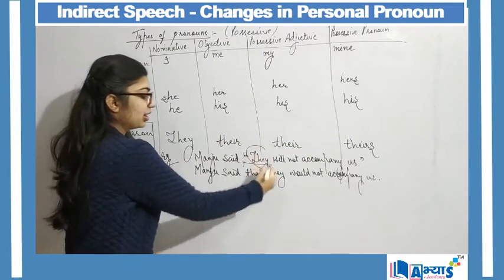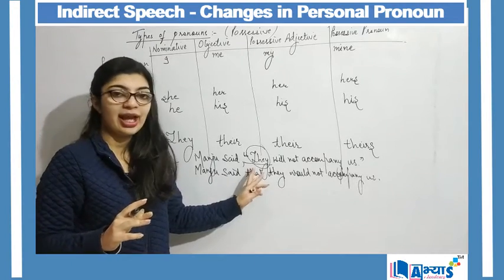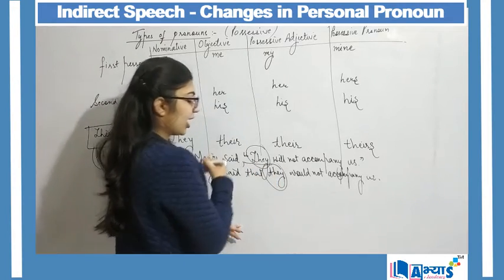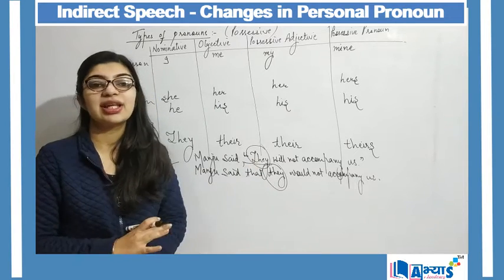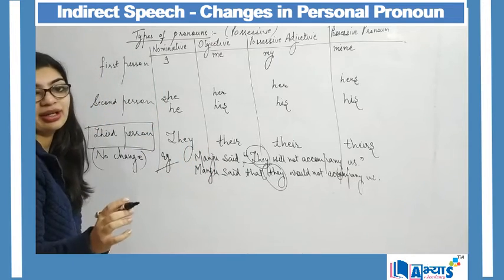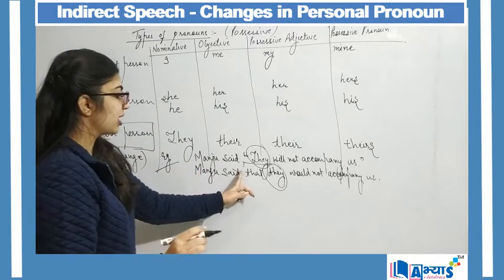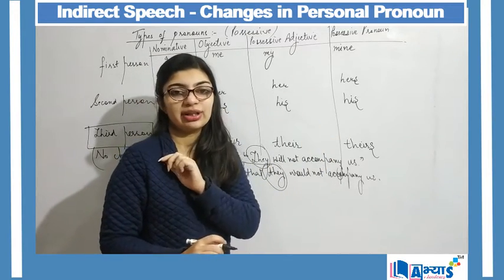So my third person in direct speech was they, and my third person in indirect speech is also they, which means that in both cases there is no change. They will remain they. I will say Manju said their mood was not happy.